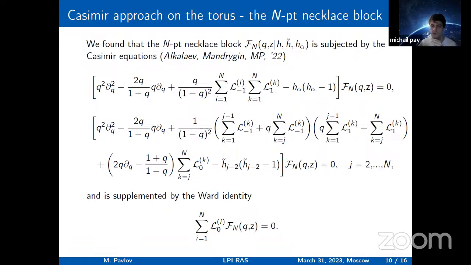Or you could think about some new variables which are combinations of Q and Z, but this is not really helpful. So I don't really know how to solve this system for general parameters.